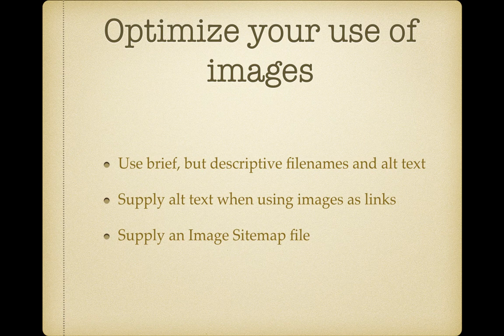File names are also useful. Personally, I have the terrible habit of doing image 001, image 002, image 003. I'm like, they're all the same. But image files should have short names, same with any file name.